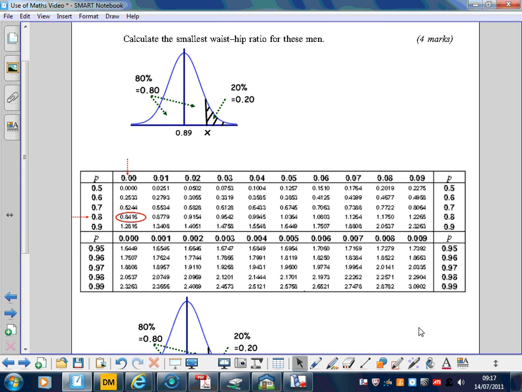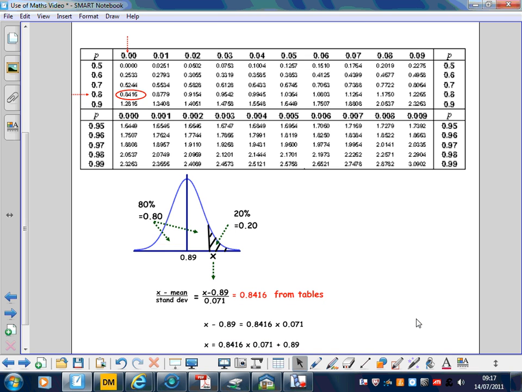Now for the calculations, back to our curve. What we do is the usual process of standardization. So we say our x value, which we don't yet know, minus the mean, over the standard deviation, must be equal to the value that we get from the tables. So there's our little equation that we're going to use. Then we just rearrange it step by step.